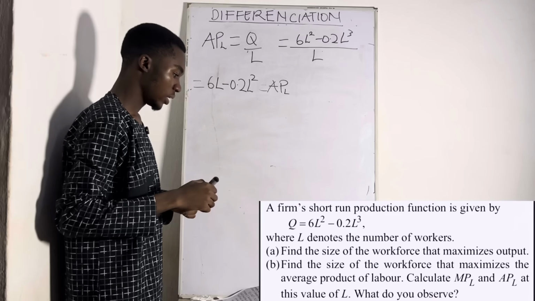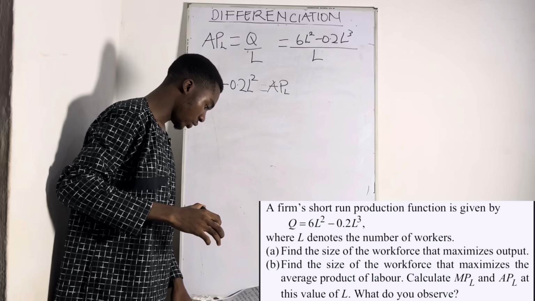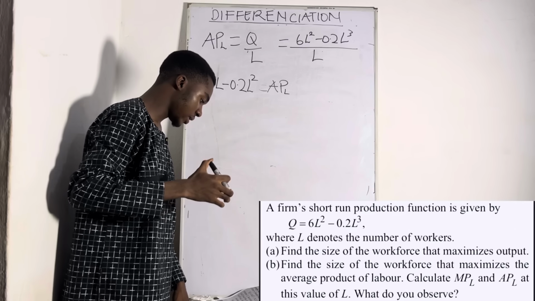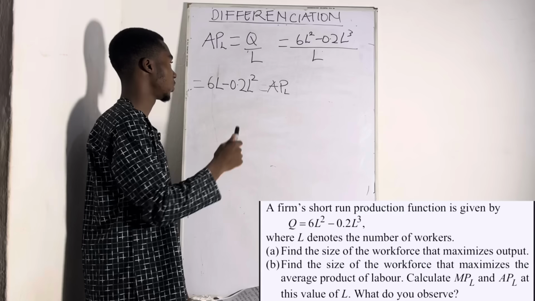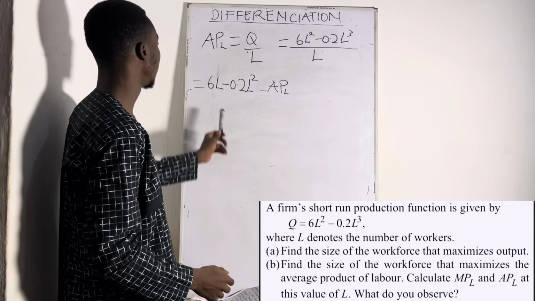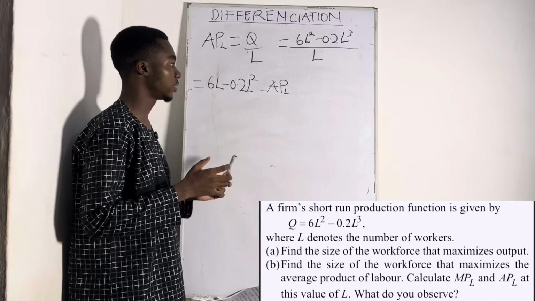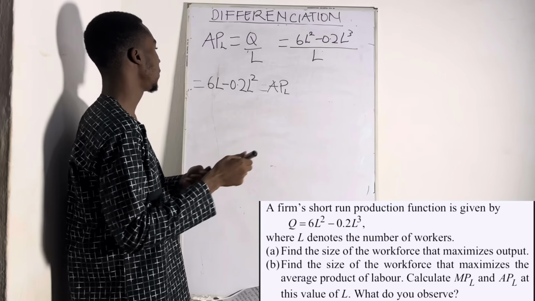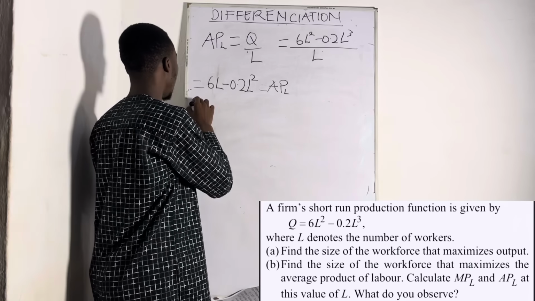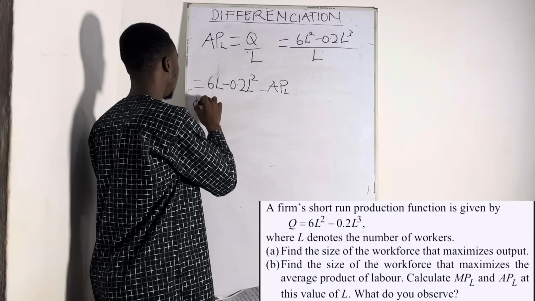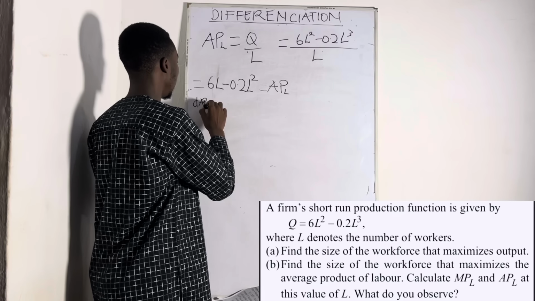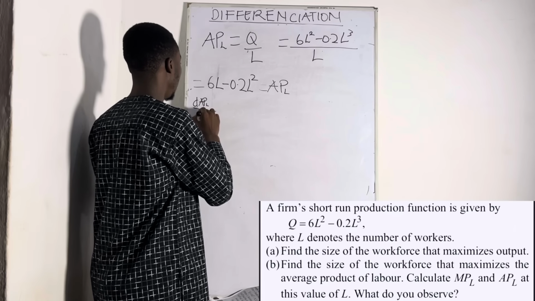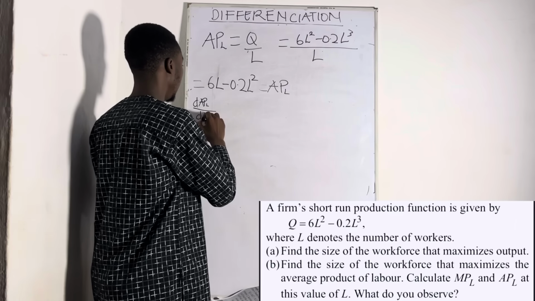So now the question says that we should find a workforce that maximizes the average product of labor. This is the average product of labor. If you want to find a workforce that maximizes it, the same thing, we differentiate. So we differentiate the average product of labor, dAPL over dL.